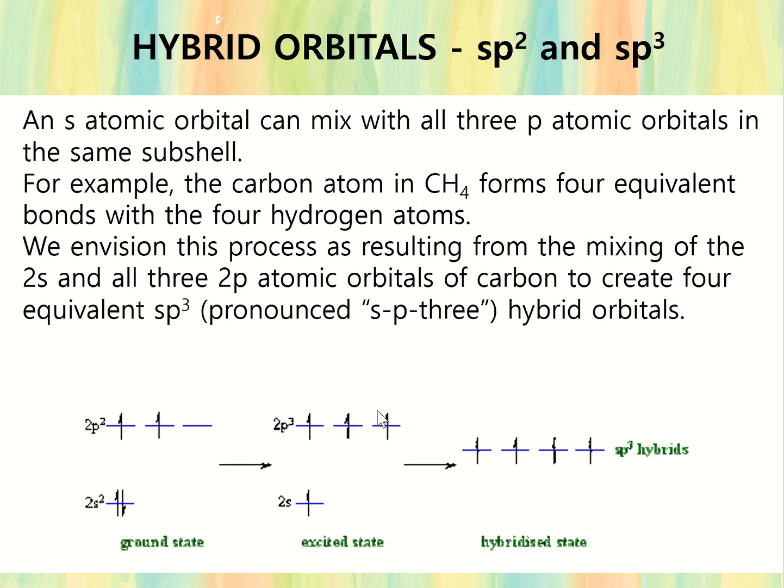After that, you have the hybridization that we've been talking about, which is the mixing. So one s and three p orbitals mix up and we form four hybrid orbitals, because as we said, if we mix four orbitals, we will get the same number of hybrid orbitals. Here we can see that we got four sp3 hybrid orbitals.